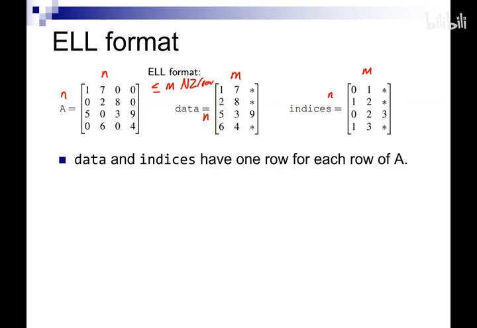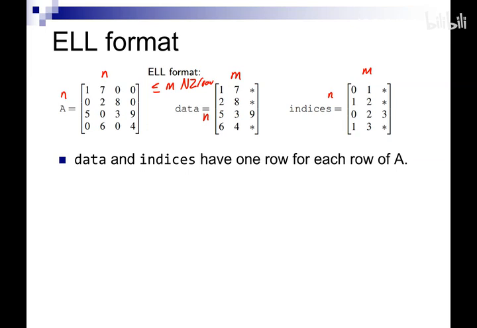For example, the first row has 2 non-zeros, so we store them in the first 2 columns of data. We store 1, 7 in the first row of data, then 2, 8, then 5, 3, 9 in the third row, and so on. You store them as far to the left as possible.